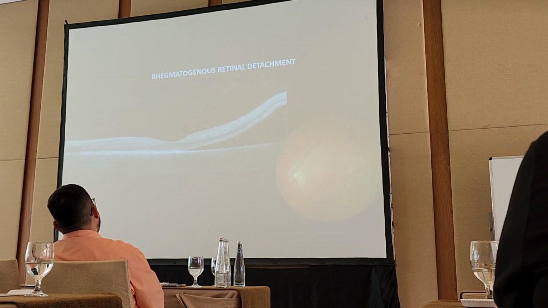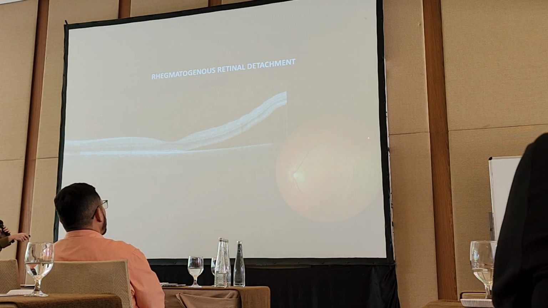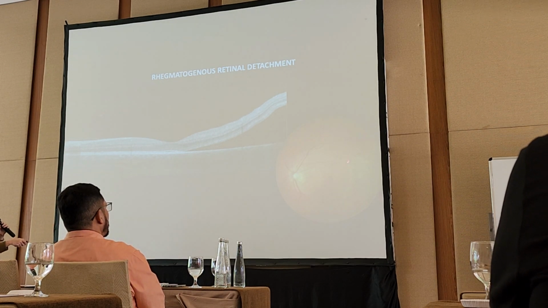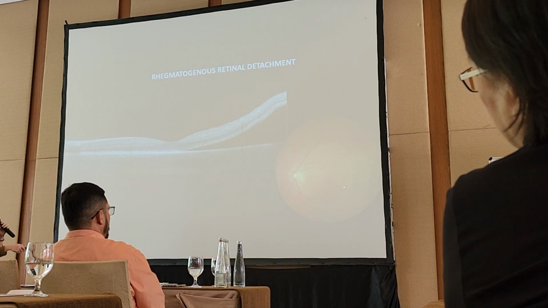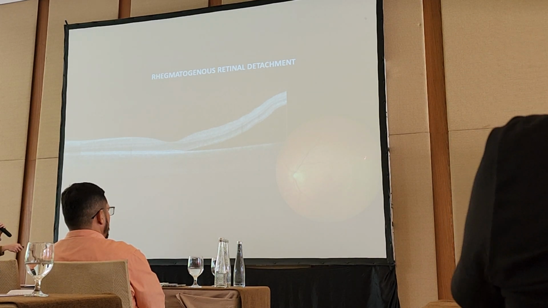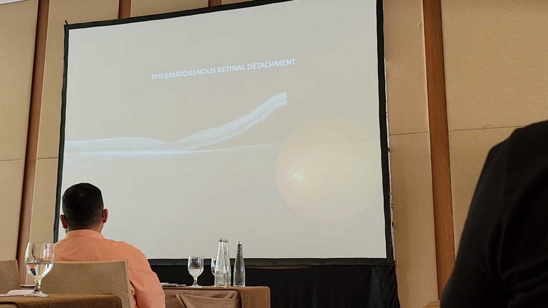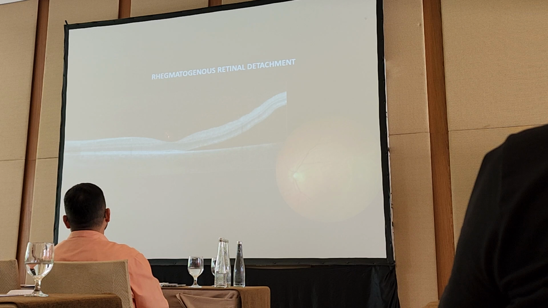Okay, so this patient has a rhegmatogenous retinal detachment. This is the fundus photo, and you can see here that the macula is almost splitting. So this is the area of detachment. And from the OCT you can actually tell whether this is macula on or macula off, because macula on needs surgery within 24 to 36 hours, whereas macula off, it's okay to do it at a later time.